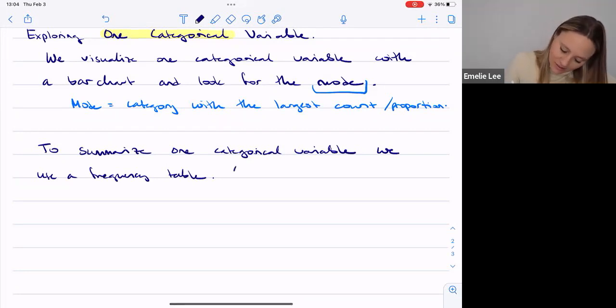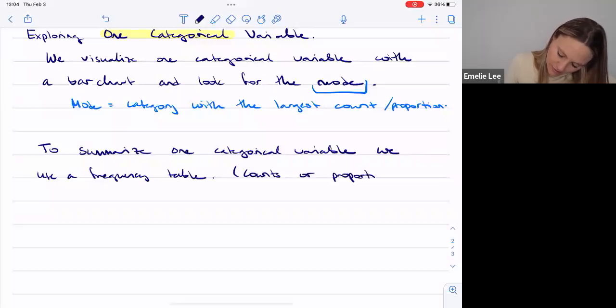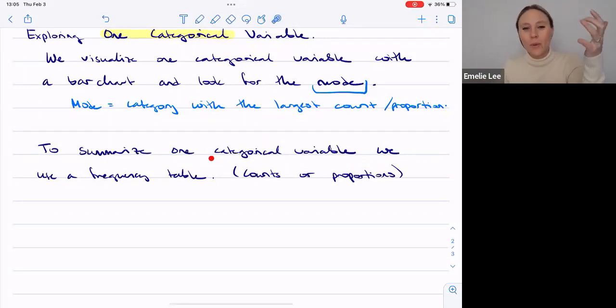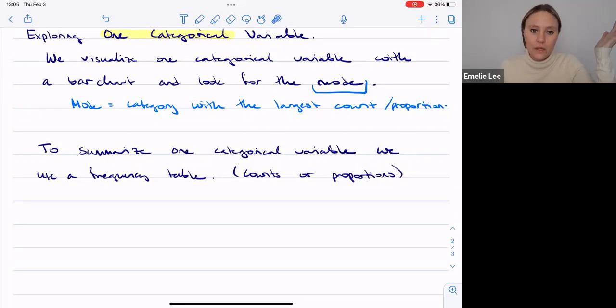I'll just put counts or proportions here. The name for the table of proportions is escaping me now, but that's okay. We can use a frequency table with the counts or the proportions, and that's really the information that we take to make a bar chart. A bar chart is just a visualization of that frequency table: how many things are in each category, and there's really not more that we can do there.